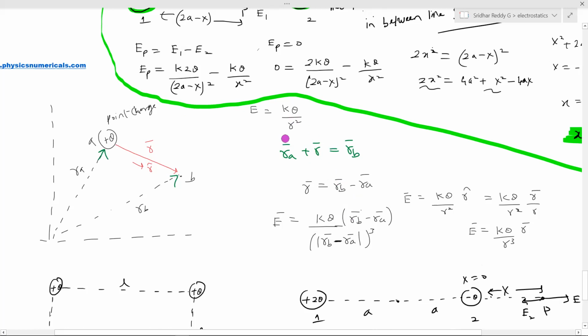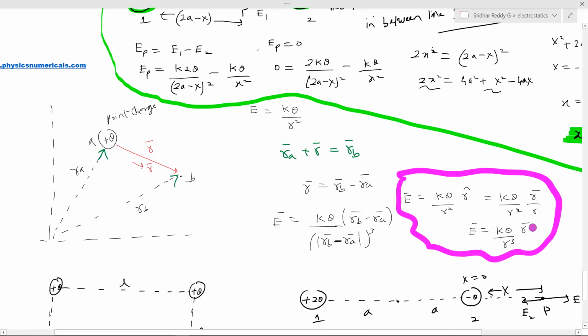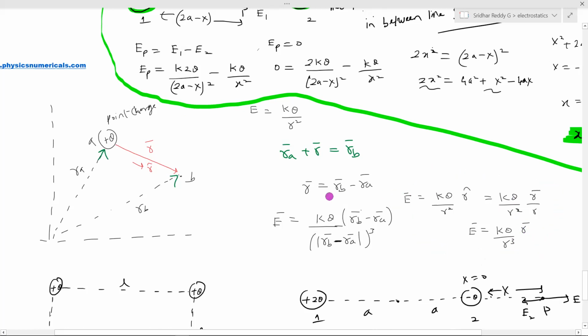Now how do you define the electric field strength in vector form? It is magnitude into unit vector R cap. R cap we write as R bar by R. So KQ by R square times R bar by R. This part is very important. R bar is RB bar minus RA bar, and R is the mod of RB minus RA.